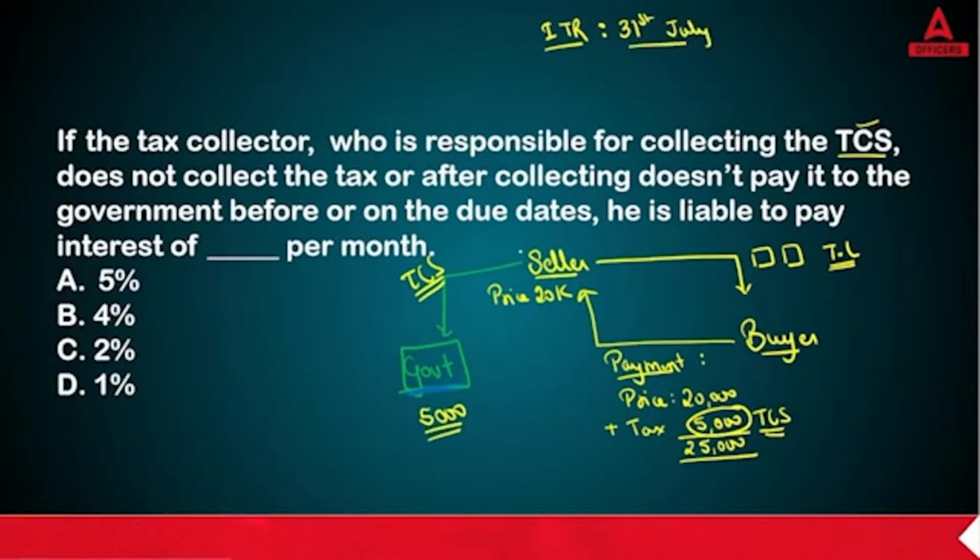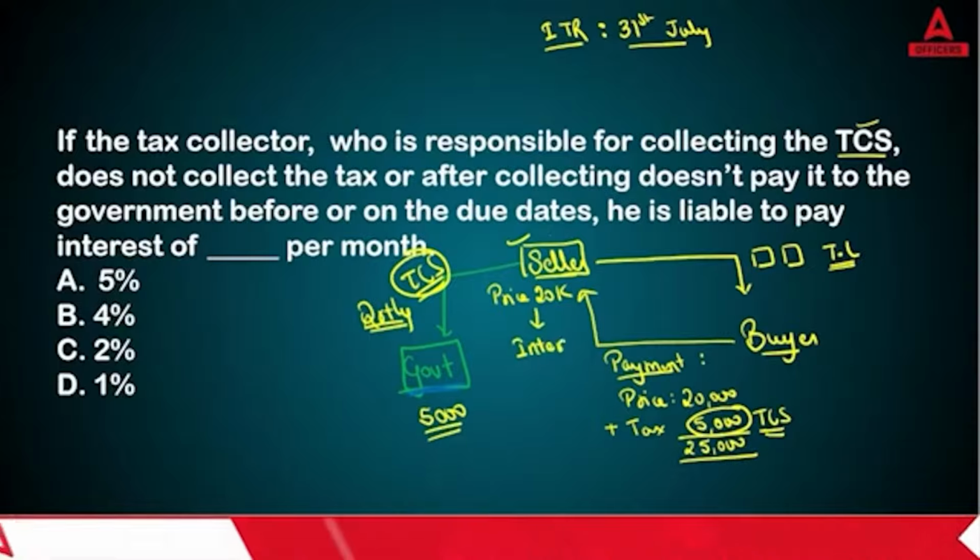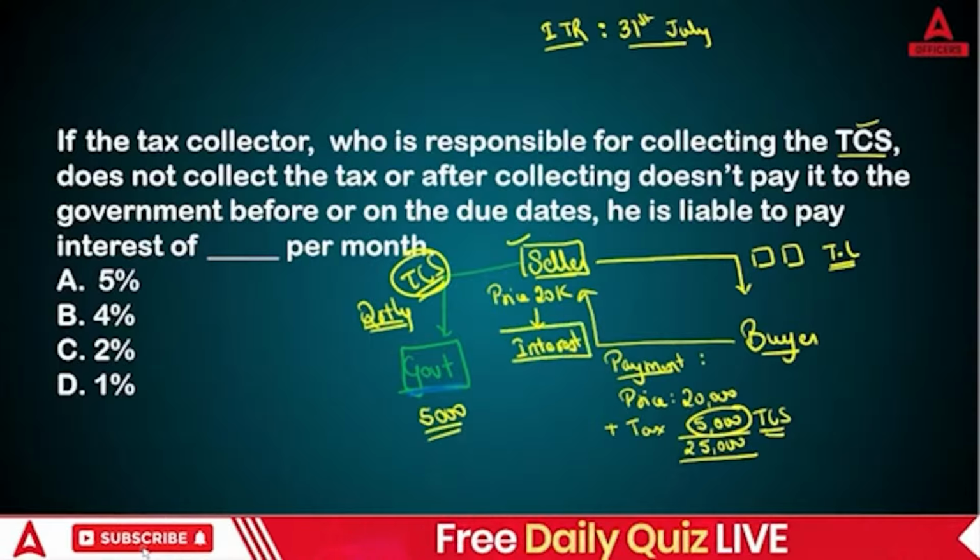Similarly, here seller is also required to submit this TCS return to the government on quarterly basis. On which basis? On quarterly basis. Yes, but sometimes if seller is not paying on this quarterly basis, then seller is liable to give interest. Yes, as a penalty, seller needs to submit here one penalty.